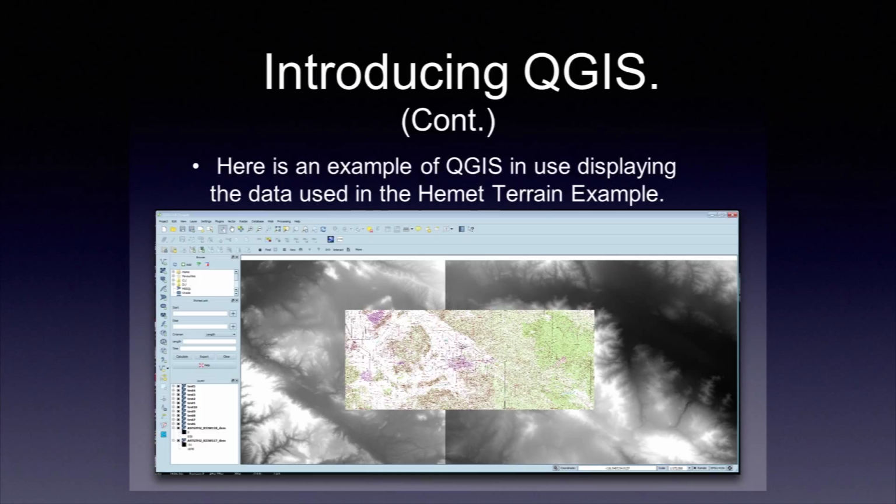of QGIS in use, displaying the Hemet Terrain example that I'm going to show you today. What you're looking at in the GUI is both the DEM data, which is the black and white background that kind of rings around this map.